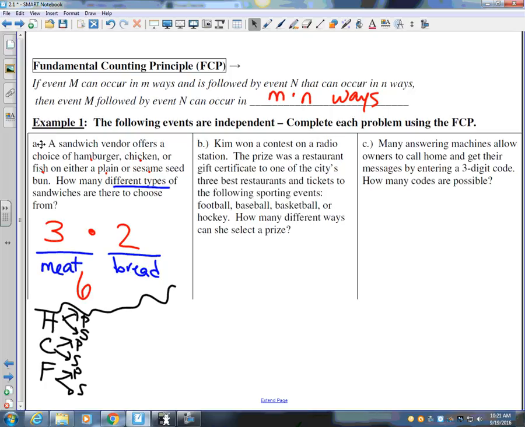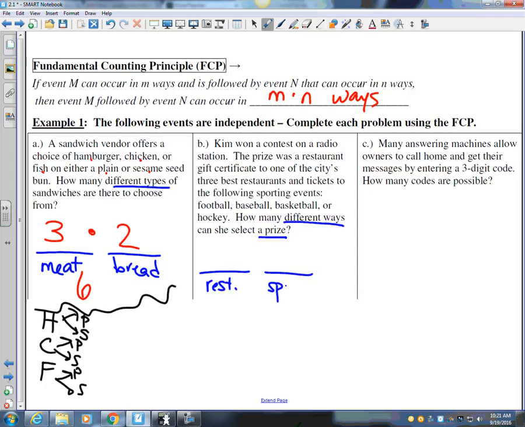All right. B, Kim won a contest on a radio station. The prize was a restaurant gift certificate to one of the city's 3 best restaurants and tickets to the following sporting events: football, baseball, basketball, or hockey. How many different ways can she select a prize? What is her prize made up of? A restaurant gift certificate. All right, or what else does her prize consist of?